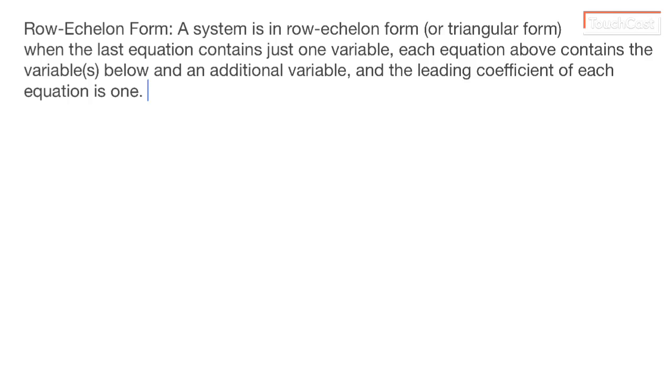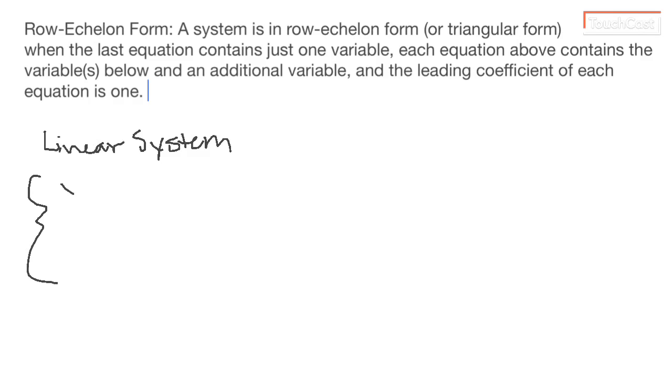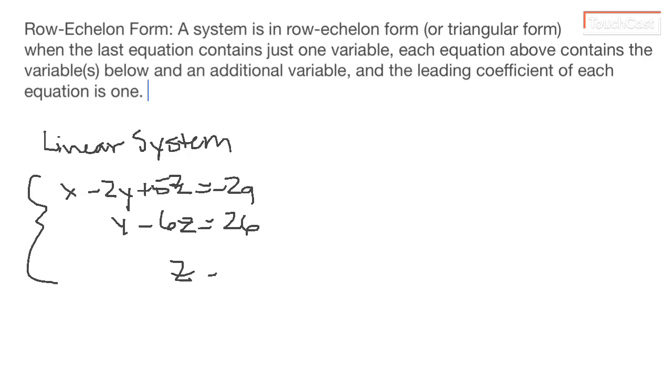So, I'm going to give you now a linear system that is going to be in row echelon form, and then we're going to write the augmented matrix version of that. So here's our linear system. Our first equation is x minus 2y plus 5z equals negative 29. The second equation is y minus 6z equals 26, and the last equation is z equals negative 3.